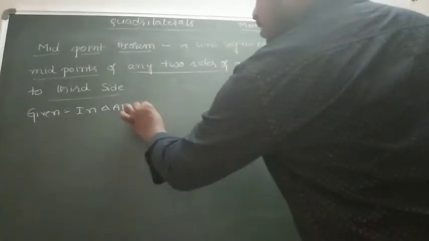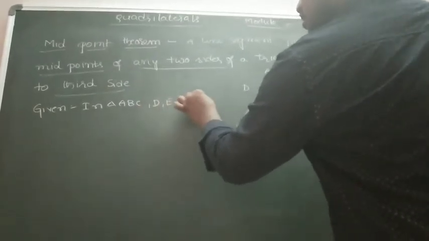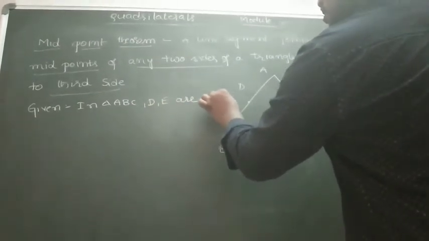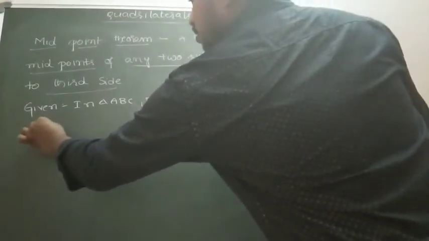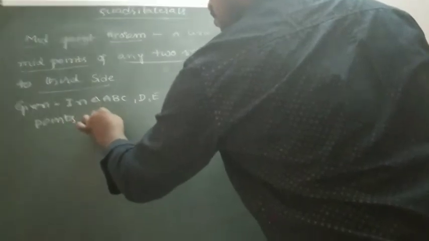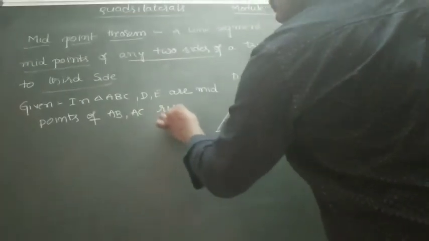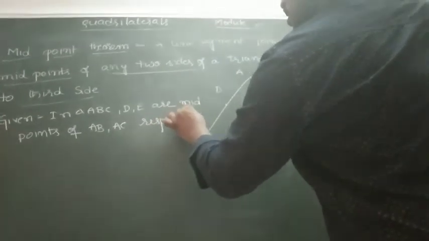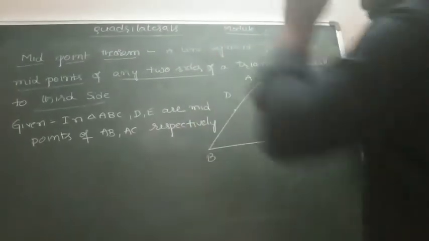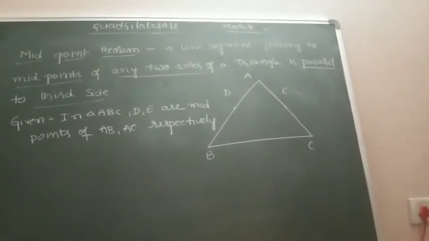That means D, E are midpoints of AB, AC respectively.